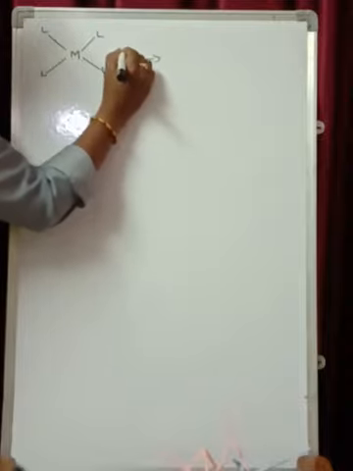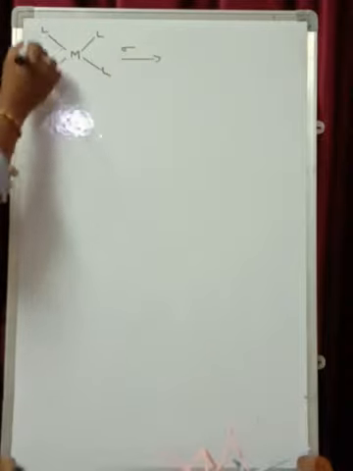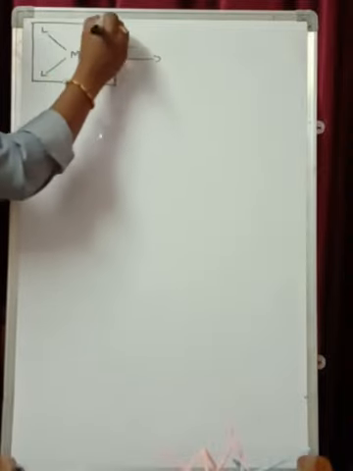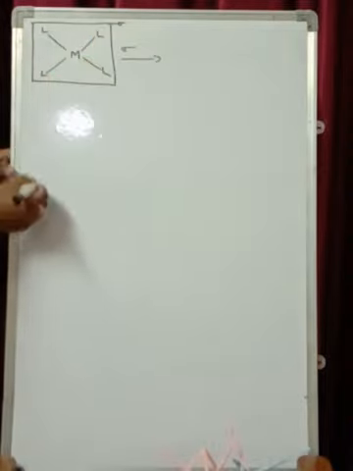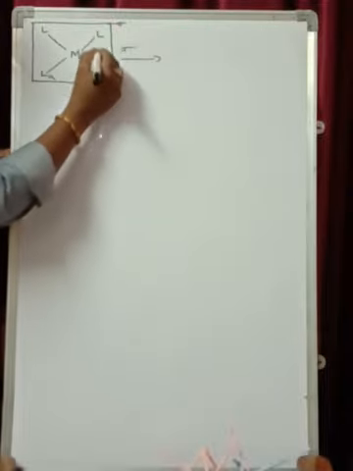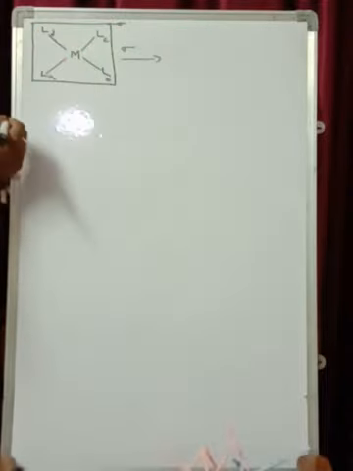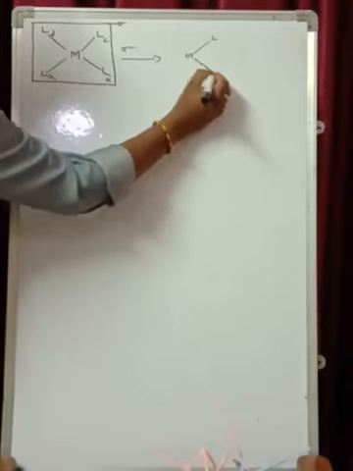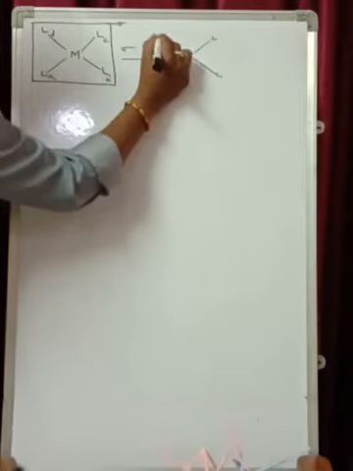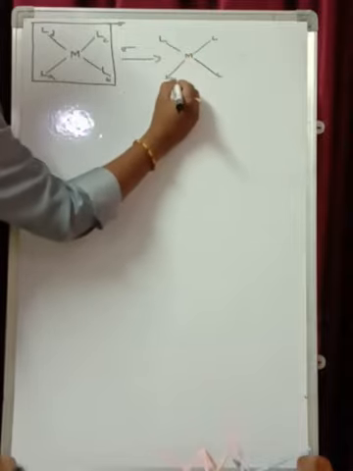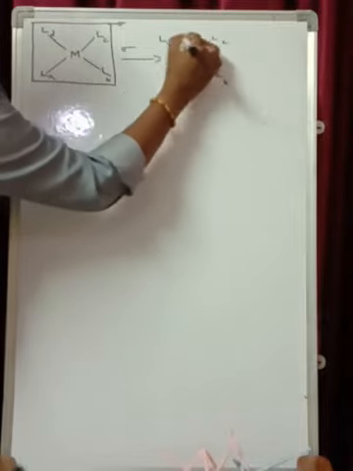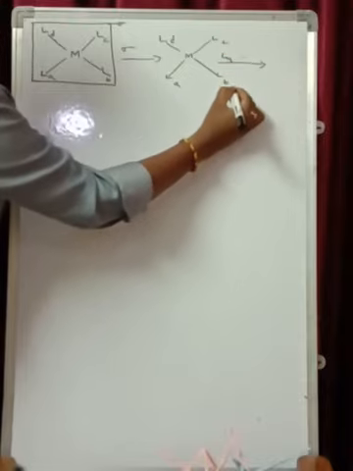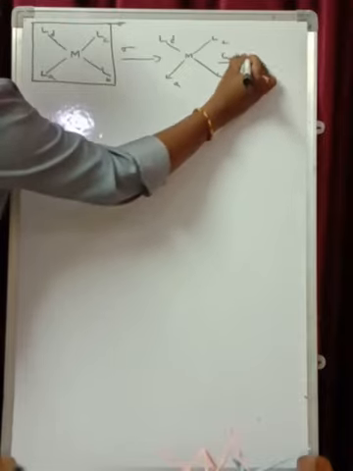So here we are going to do the sigma. Now sigma is done along this plane, that is the molecular plane A, B, C, D. On reflection along this molecular plane, the structure obtained is the same, A, B, C, D. Now this is followed by rotation, that is C4 perpendicular to sigma.